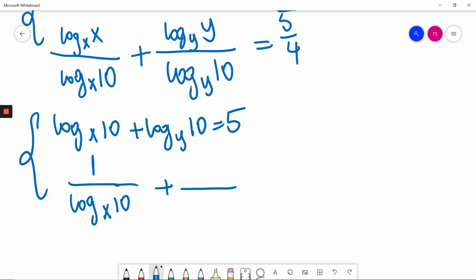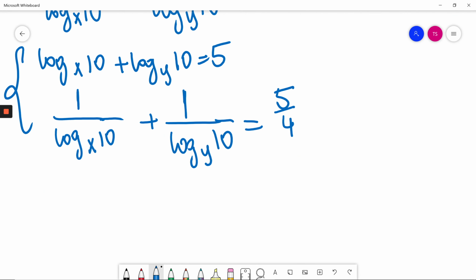Log with base y of y, this is just 1. This is equal to 5/4. At this moment, I can see only log with base x of 10 and log with base y of 10, so I will make substitutions.